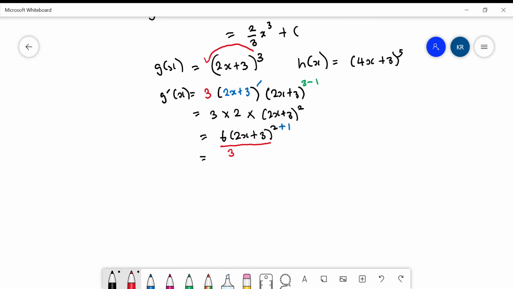So we would have 2x plus 3 differentiated. So then we will get 6 (2x plus 3) cubed over 3 times 2, and then we go back to (2x plus 3) whole cubed.